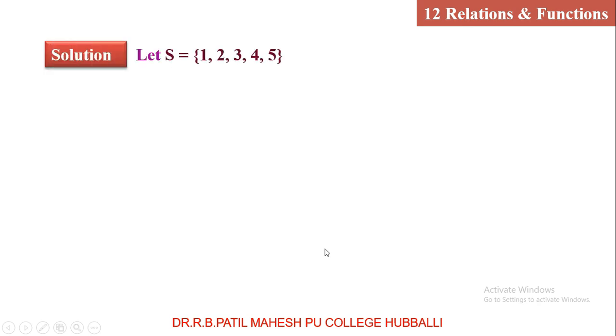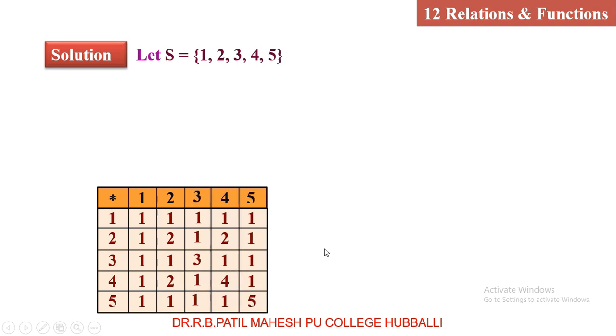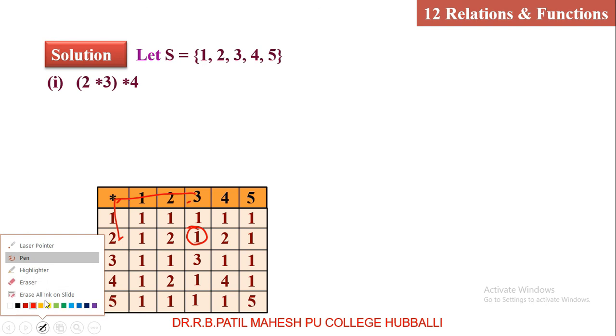The given set I will consider as {1, 2, 3, 4, 5}. The table is here. First question was (2 star 3) star 4. Either you go from left to right or right to left, you will get the same number. 2 star 3, that value is 1. I will tell you once again how to check.